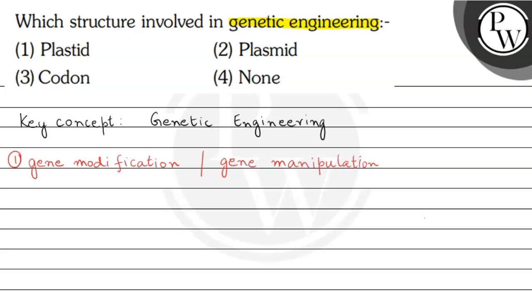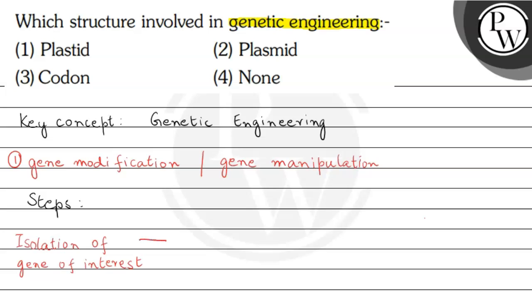Now if we go through the basic steps of genetic engineering, the first step involved is the isolation of the gene of our interest. The gene that we want to add into some other organism first needs to be isolated from that organism.